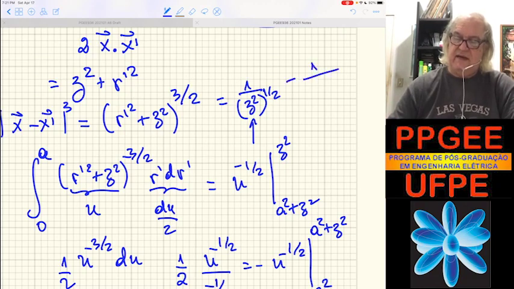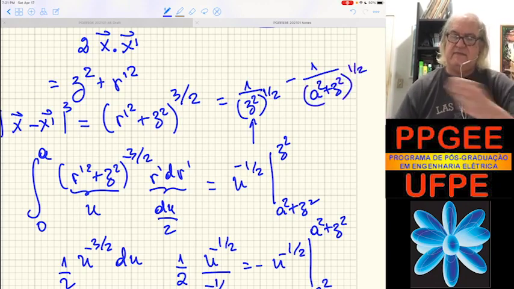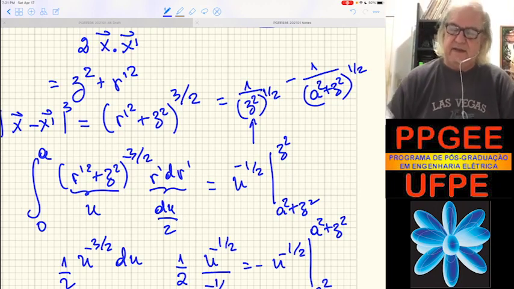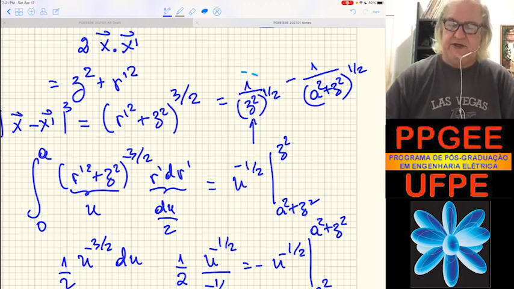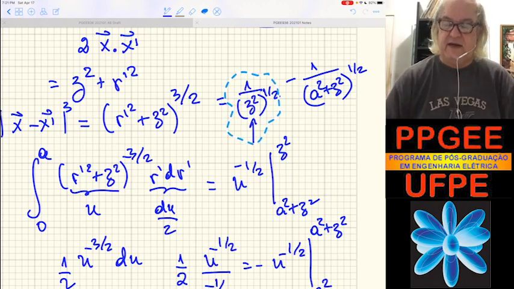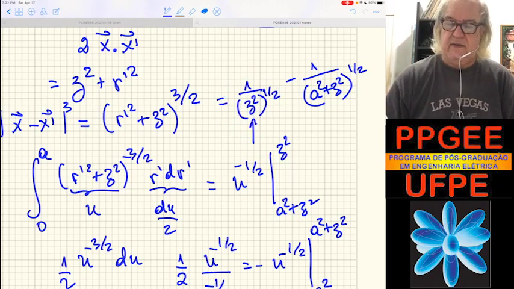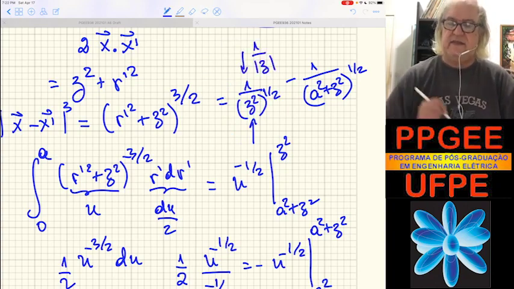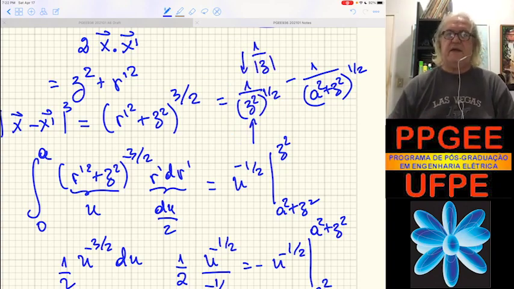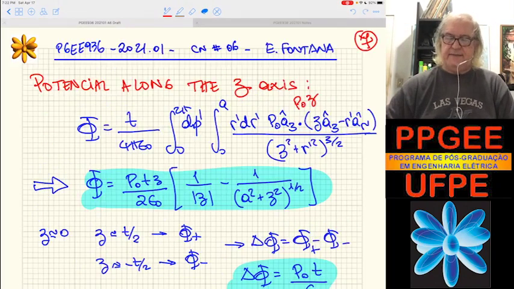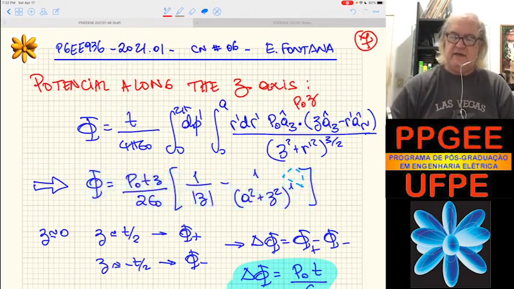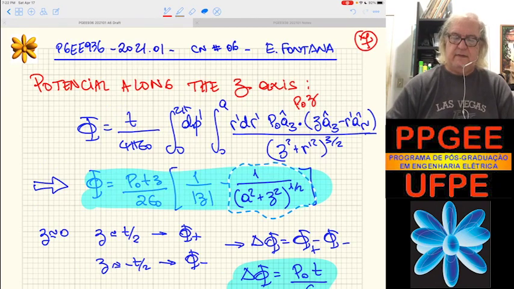Minus 1 over (a squared plus z squared) to 1/2. Here we have to be careful because we have to extract the positive root. You cannot change the sign of things. You have to be careful there. So this is going to be 1 over the magnitude of z. That's the detail you have to pay attention to, okay? So that's why we have this term here, and the second term of the integral is right there.